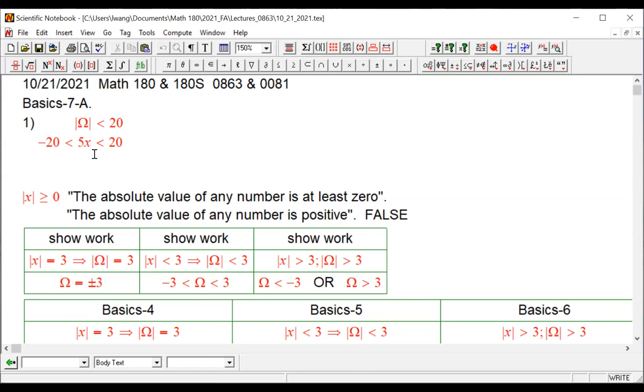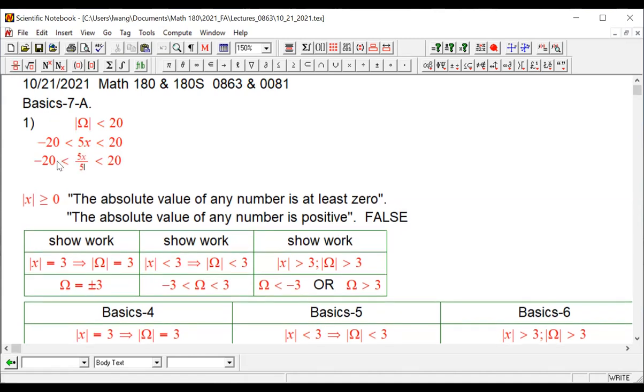Okay, and then x is not completely isolated, right? So we can take one more step and divide every side by 5.